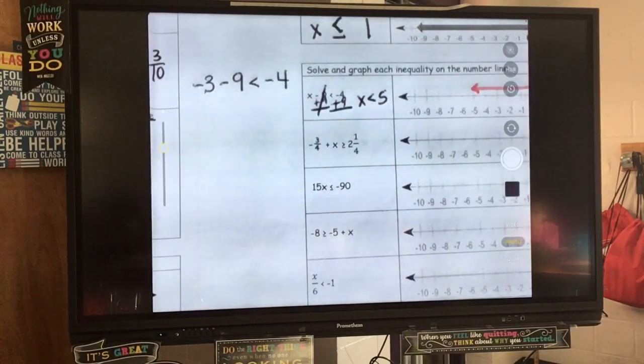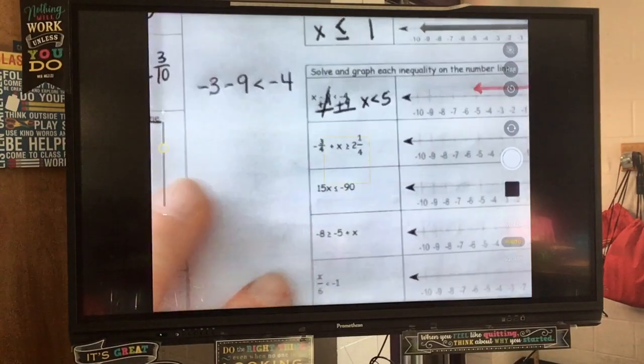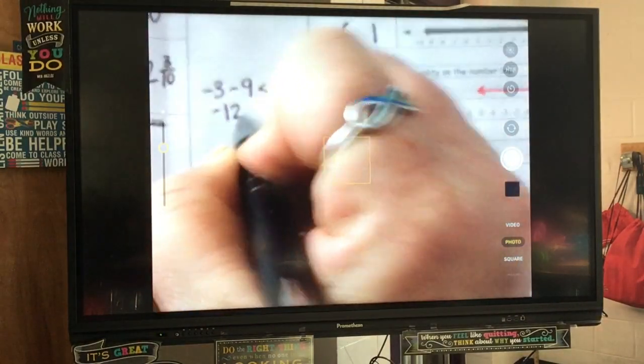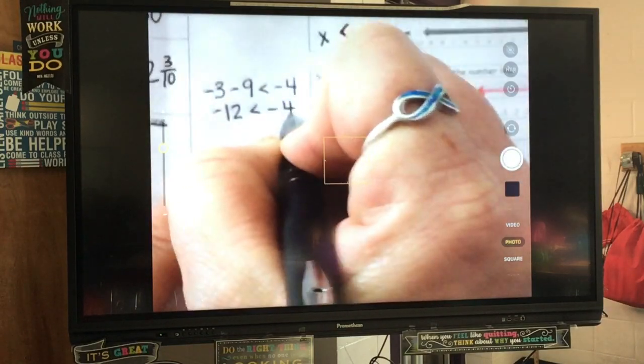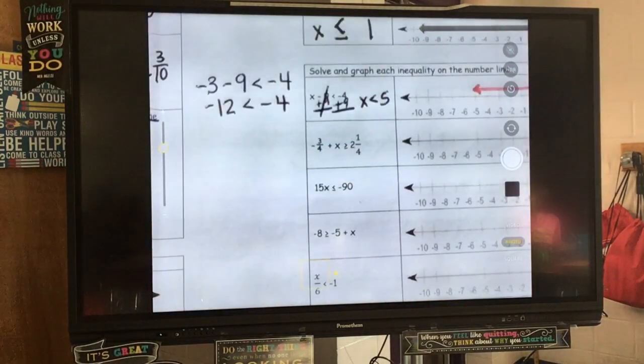So really, what did I do with 9 and 3? Ben? I added them, but I kept them with a negative number. When you have a negative and you're subtracting, you're actually adding, but you're keeping it on the negative side. So is -12 less than -4? How do you know?